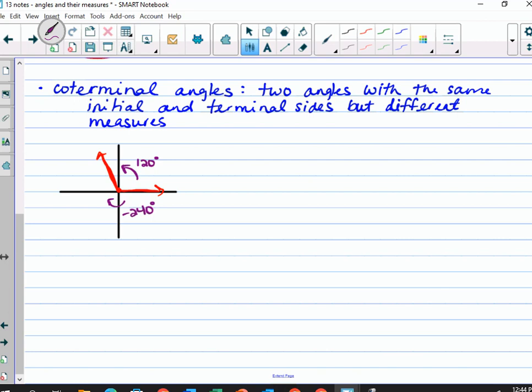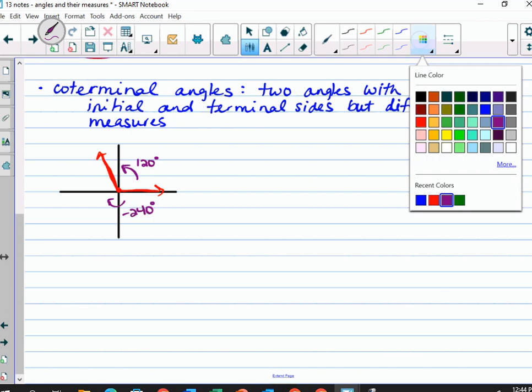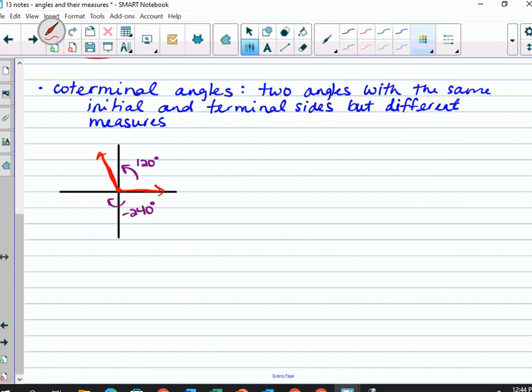Okay? So the way you find coterminal angles is you add or subtract 360 degrees from your angle. Or if it's given to you in radians, what do you think we would add or subtract? What's the equivalent to 360 in radians? 2 pi, yes.